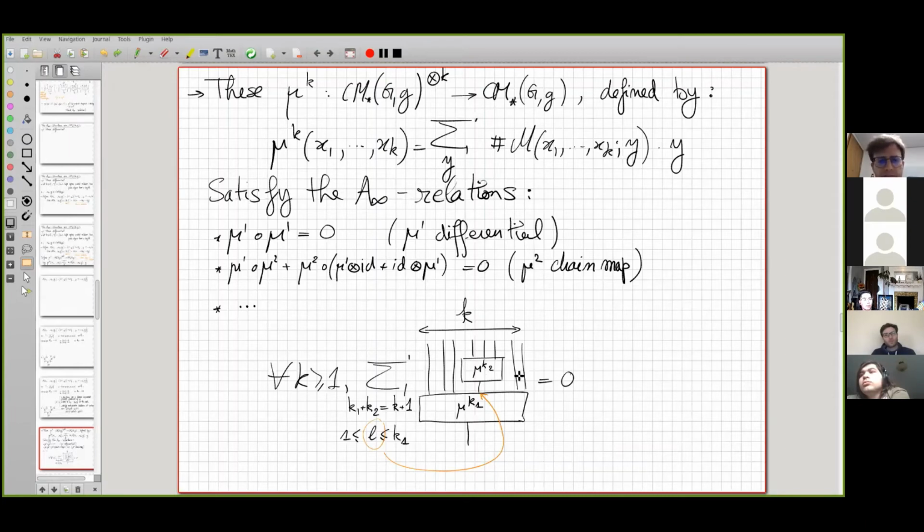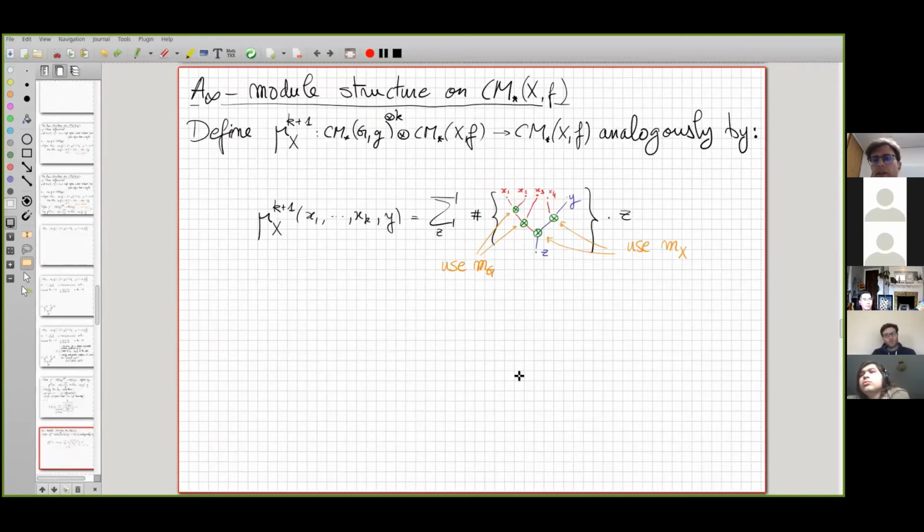All right, now let me tell you the infinity module structure on the Morse homology of X, where X is a space acted on by G, and it's defined very analogously. You would really count the same kind of things, except that now what happens in the right part, this blue part here that I draw, happens in X instead of G. Otherwise, it's very, very similar.